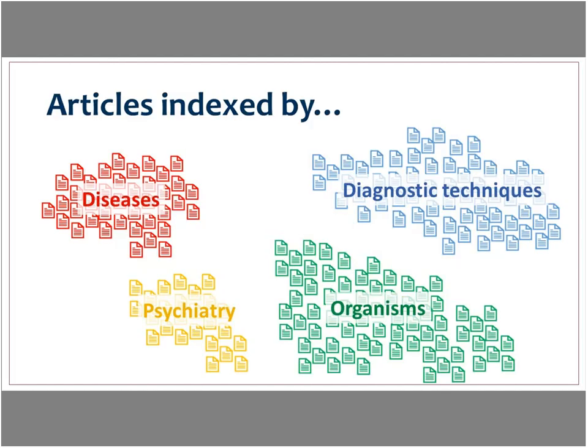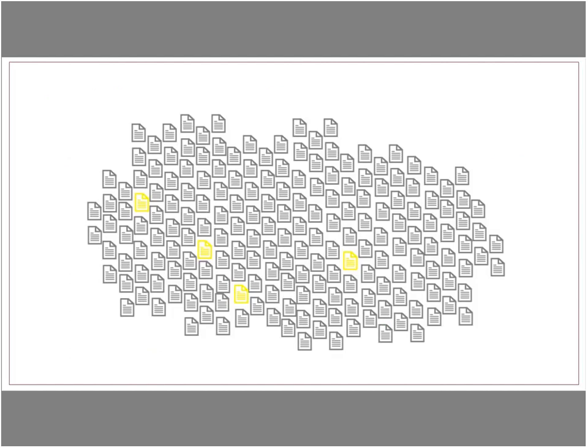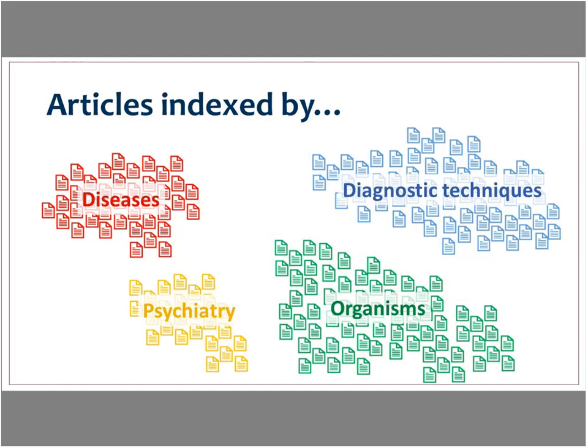So another way of thinking about that is, instead of saying we're going to iterate through every single item on that list, is there some way of taking that big old pile of articles and dividing them up into pieces? So we could think, instead of this undifferentiated mass with a couple of needles therein, we're going to take this whole mass of things and put all the articles about diseases in one pile, or all the articles about organisms in one pile, or all the articles about psychiatry in one pile.